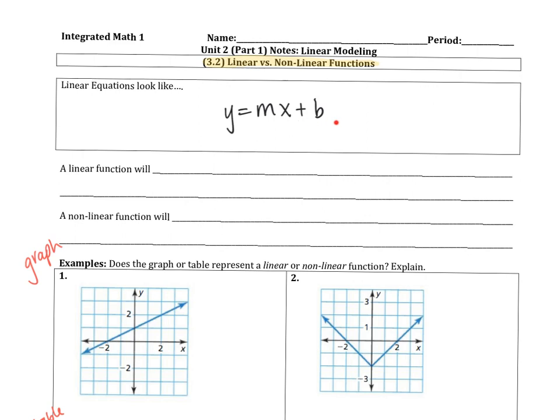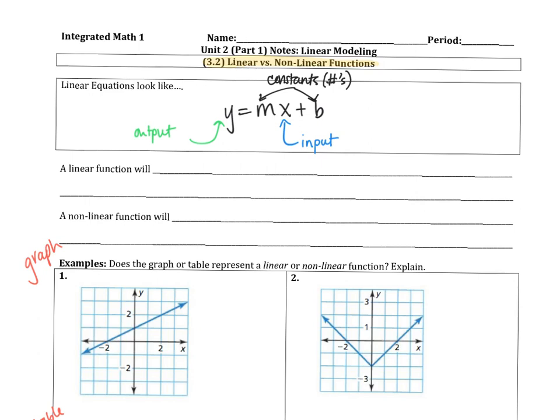We've dealt with equations like this before, and now we're just looking at them in a different light, where x is your input and y is your output, and m and b are just constants, which are numbers. Okay?